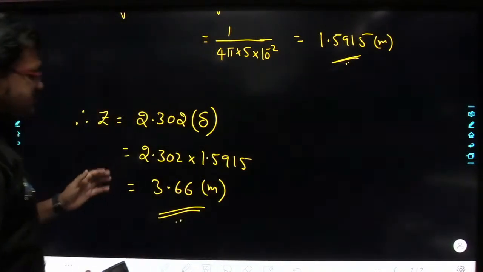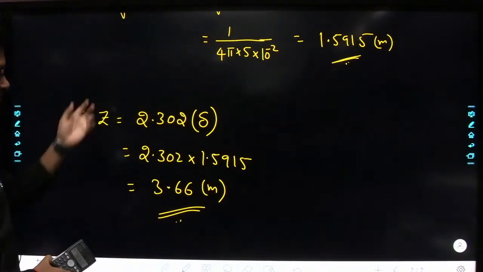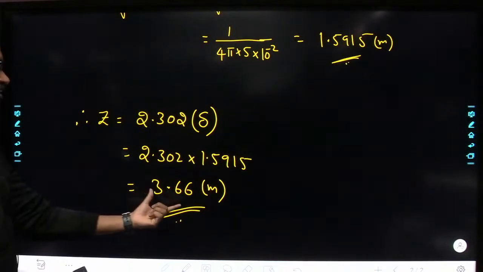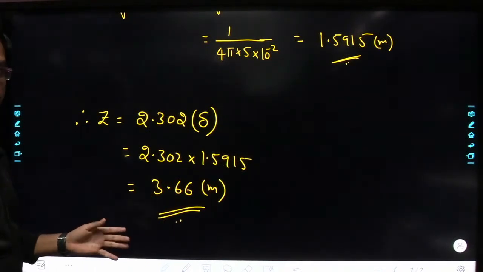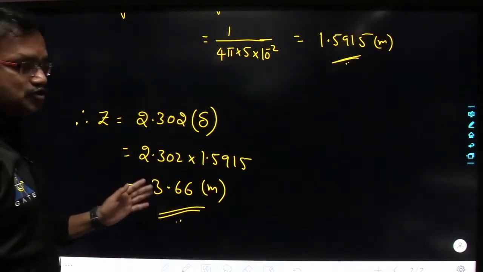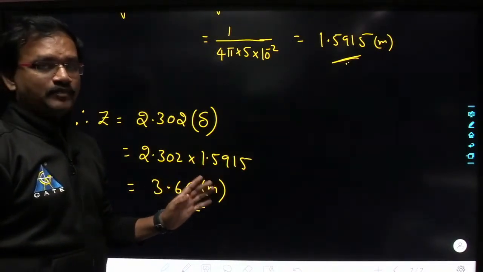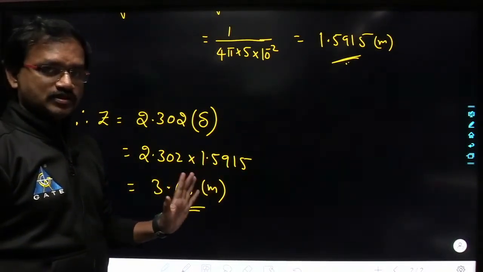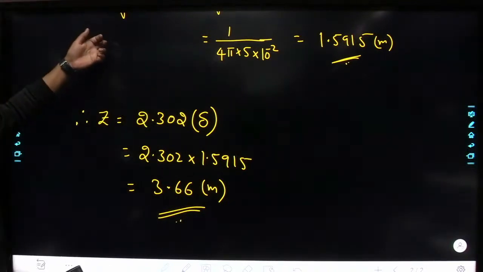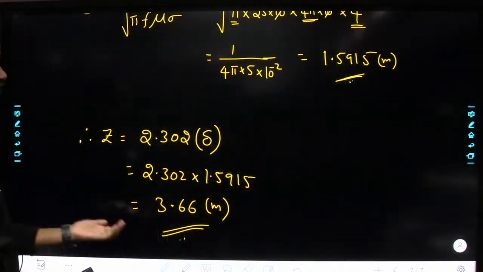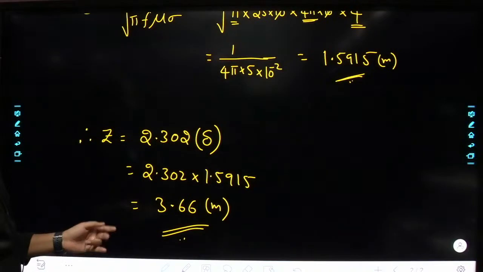So the signal, after traveling a distance of 3.66 meters, the amplitude will be reduced by 90%. Understood? So 90% of the signal will get attenuated after traveling a distance of 3.66 meters.